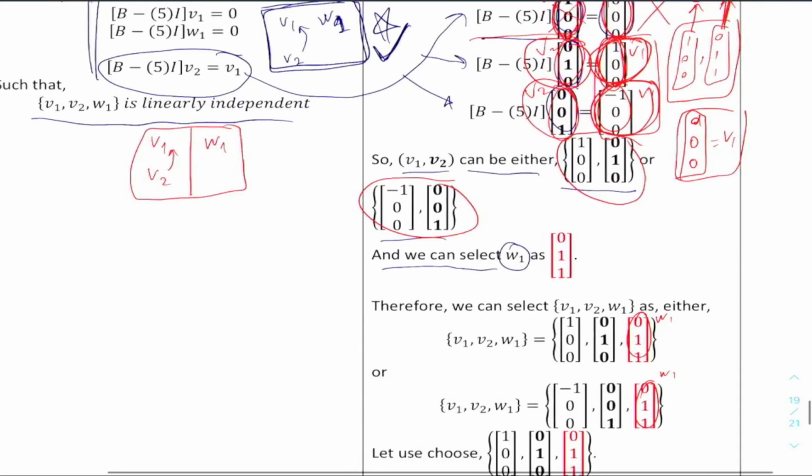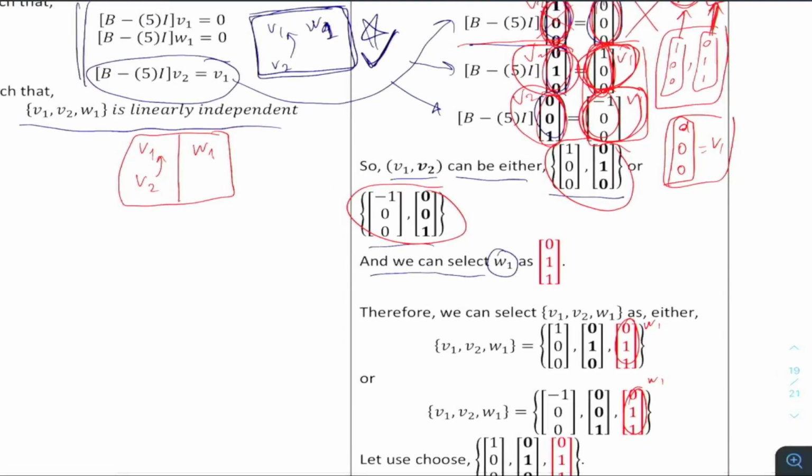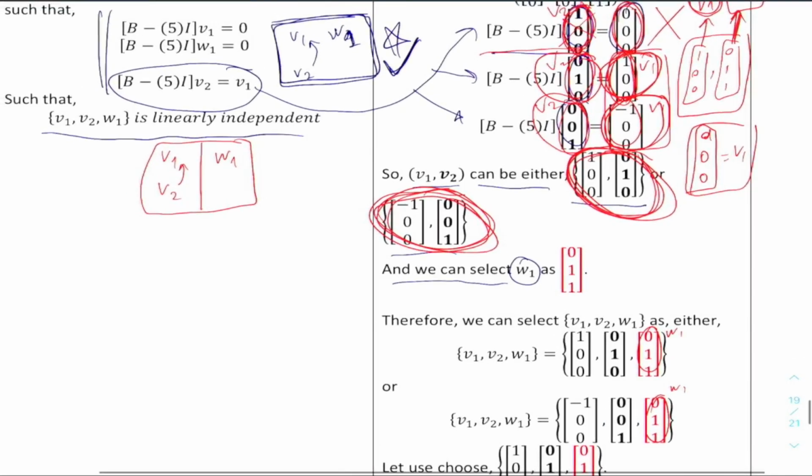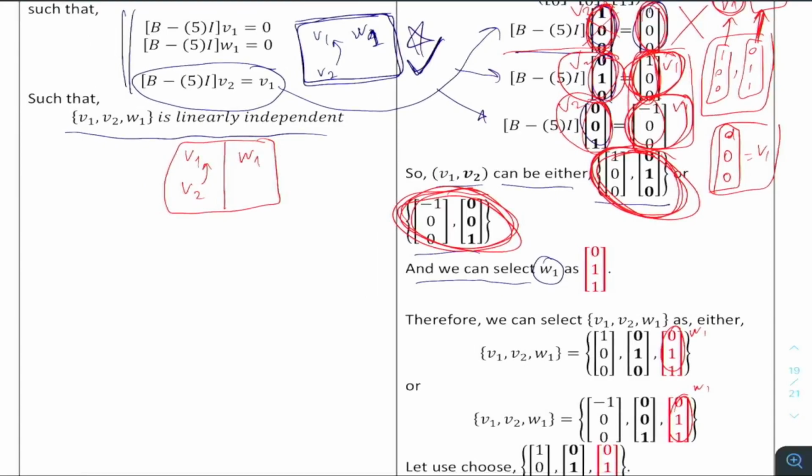This is not like the previous problem. It is either this or this. It can be this, and also it can be this. You have degrees of freedom at this moment, you have that kind of freedom. If you want, you can use this, or you can use this. It doesn't matter.